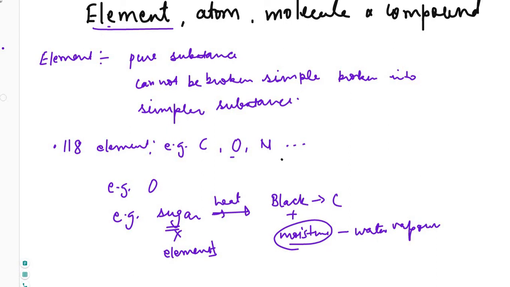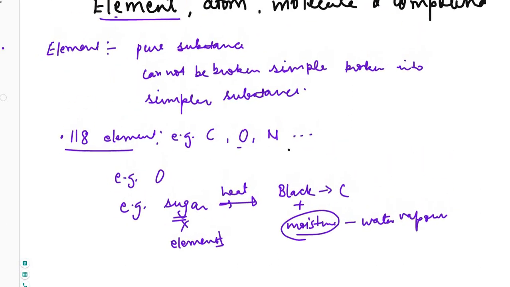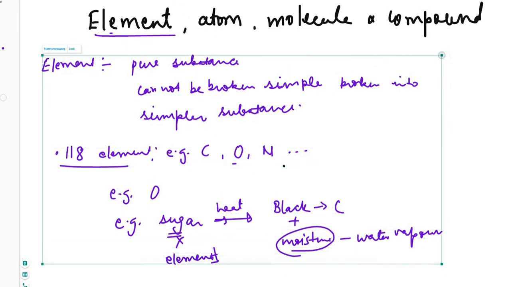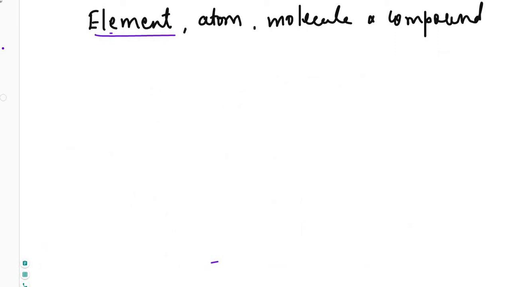I hope it is very clear that an element is a pure substance that cannot be broken down, and in total we have around 118 elements. If you want to note it down, you can. I'm just dragging this page a little up. If we have around 118 elements, how do we categorize and organize them?